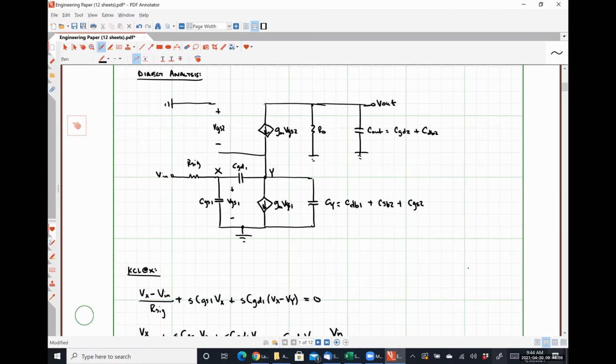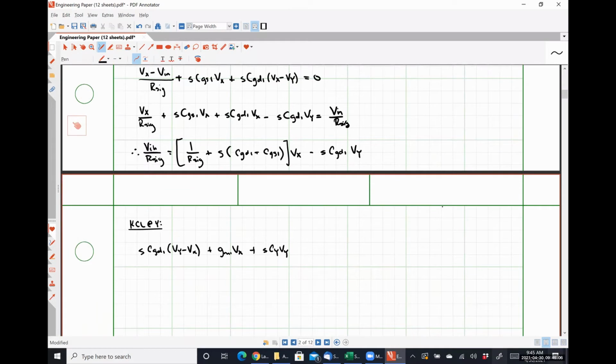So when we do our Kirchhoff's current law bit here, the current that's flowing out is negative GM VGS2, which is negative GM times negative Vy, or positive GM Vy. Is equal to 0.